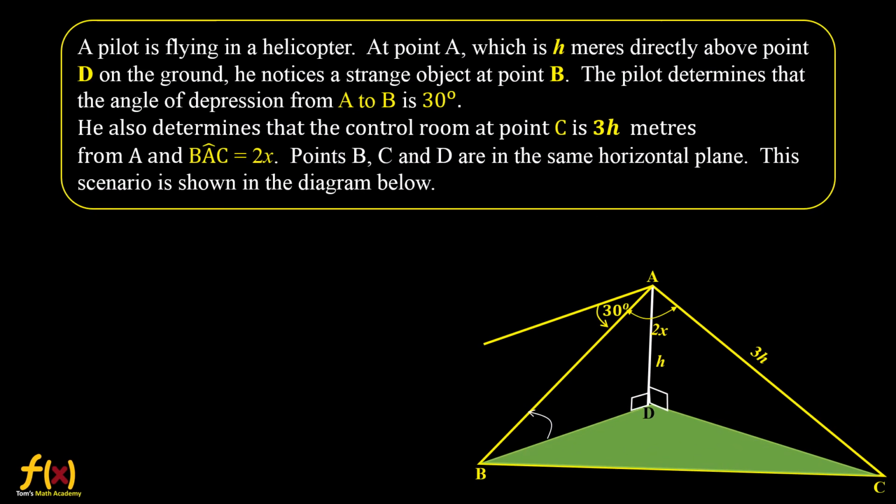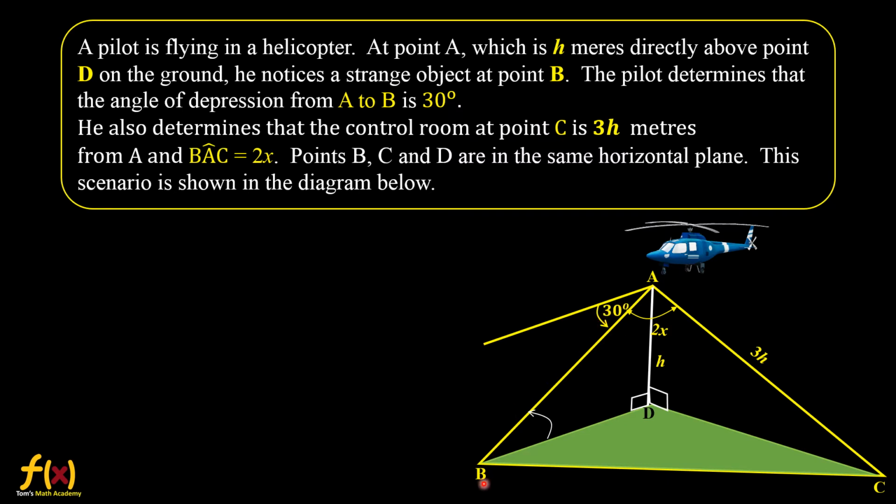A pilot is flying in a helicopter at point A, which is h meters from the ground. Look at that. That is the position A, and this is the ground at B. The height, you can see h. And the pilot determines the angle of depression.